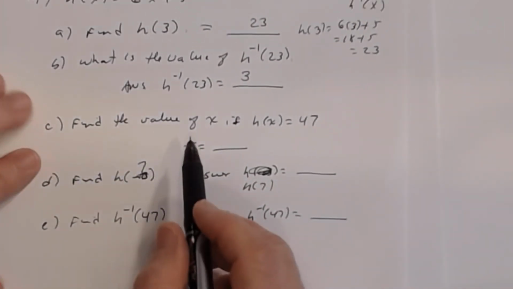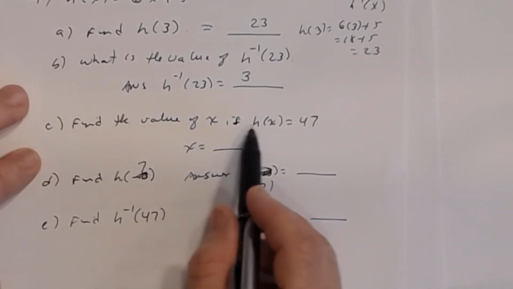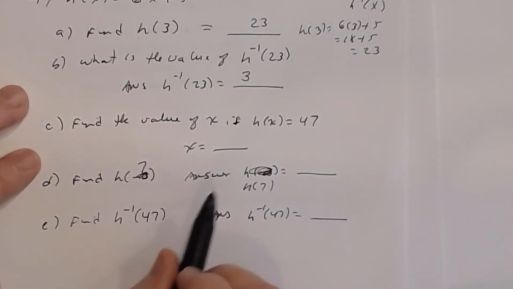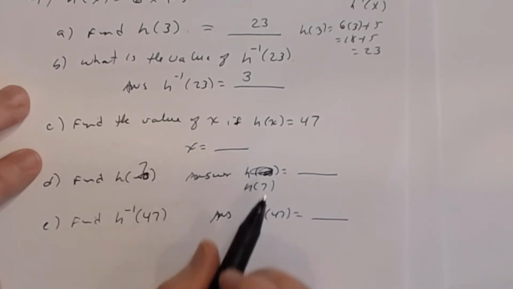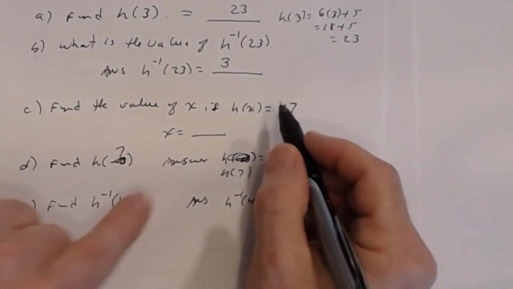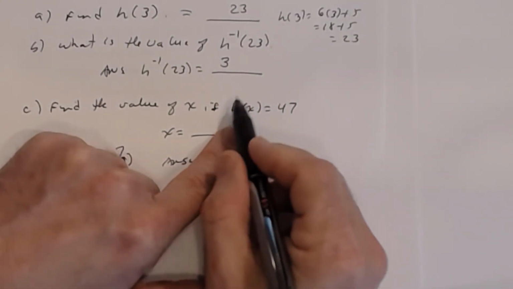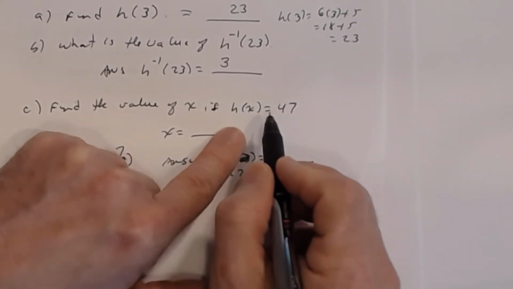Part C. Find the value of x if h of x is 47. Listen carefully. You're told h of x is 47. Be careful.